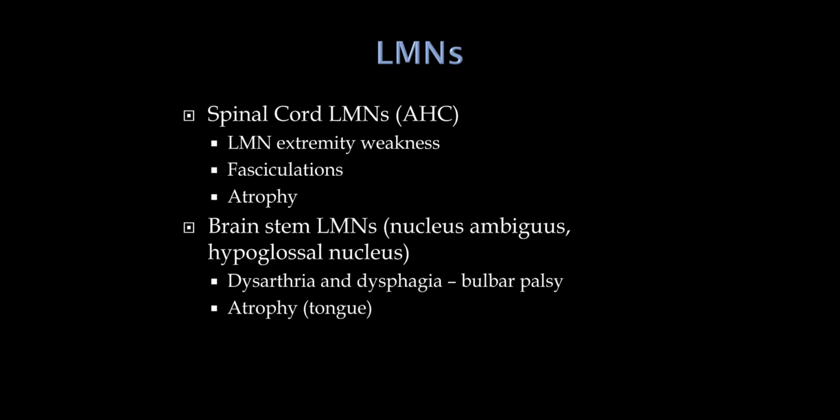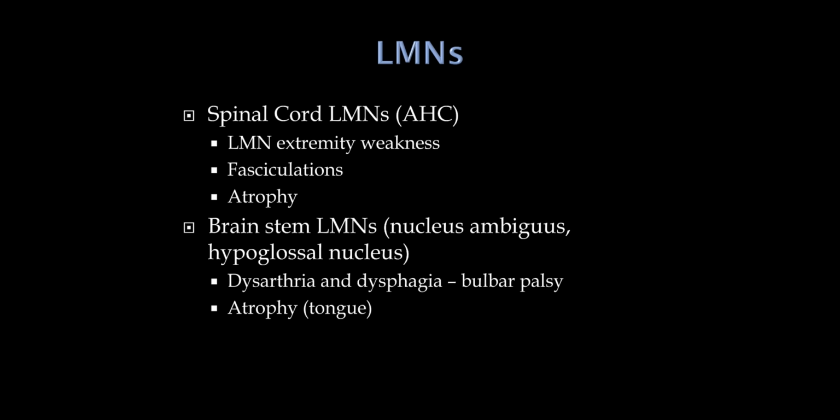Those two lower motor neurons in the medulla I just talked about, nucleus ambiguus and hypoglossal, degenerate in ALS. So that's why the dysarthria and dysphagia is so rapidly progressive in these patients. That's why the weakness is so rapidly progressive. It's a double hit.